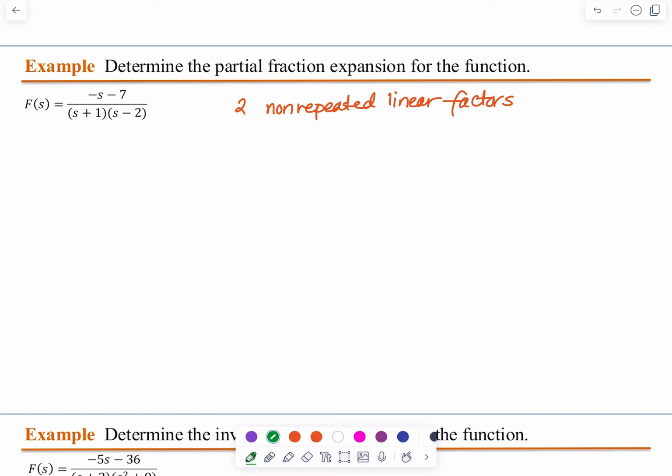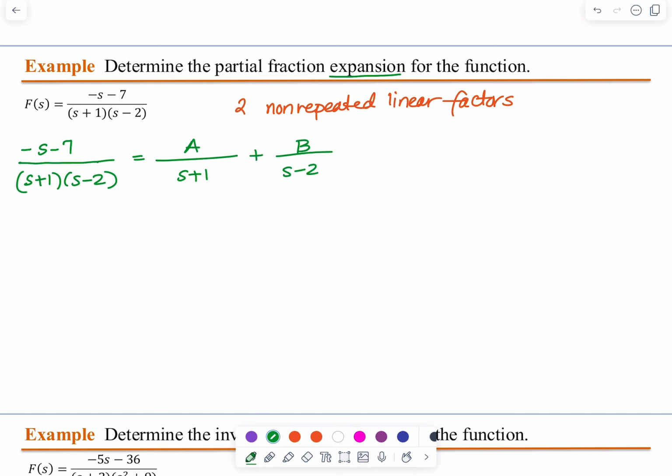And what we are doing is we are just going to look at that expression, so negative s minus 7, because they just wanted the expansion in this problem. We are not doing anything with Laplace transforms or inverse transforms. So we can see that negative s minus 7 divided by s plus 1 multiplied by s minus 2, and we're going to say that's equal to a over s plus 1 plus b over s minus 2.